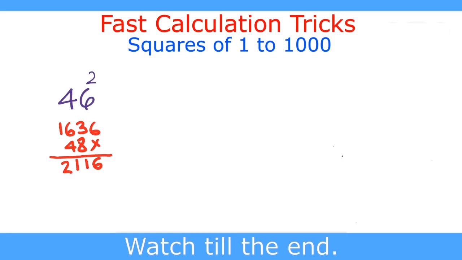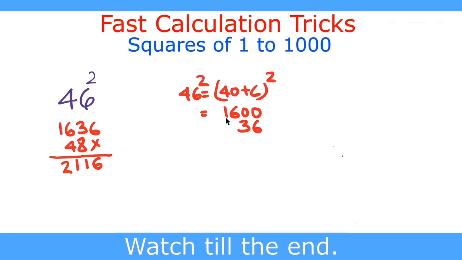We can write 46 as 40 plus 6 and 46 square equals (40 plus 6) whole square. The square of 40 is 1600 and the square of 6 is 36. This is equal to 1636, which we have already written here.